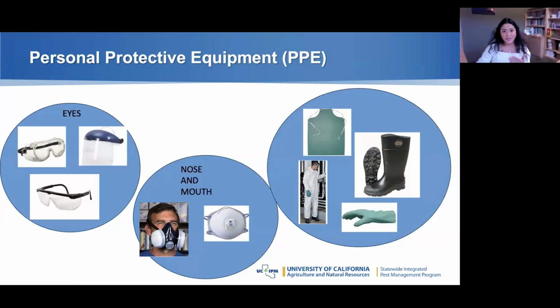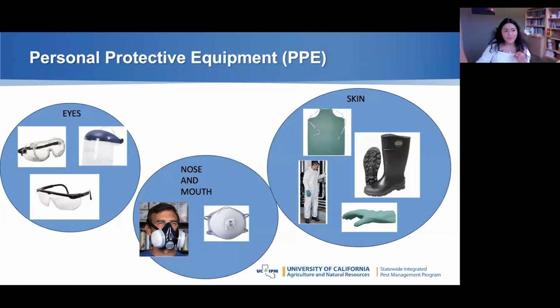Then we have the respirators, which protect nose and mouth. And we also have things such as chemical resistant aprons, chemical resistant shoes, which are these boots that we see here, coveralls, and chemical resistant gloves, which protect overall the entire body and therefore the skin.